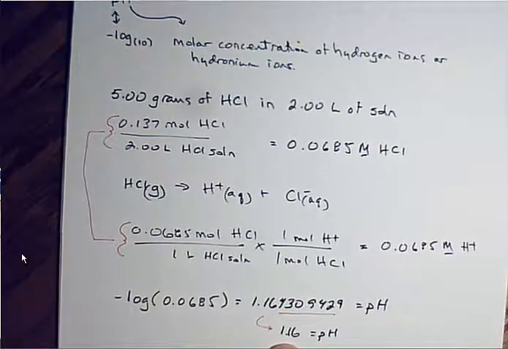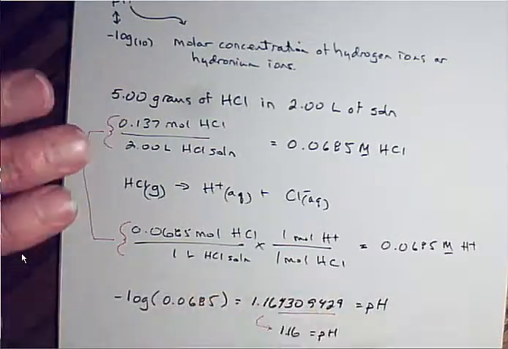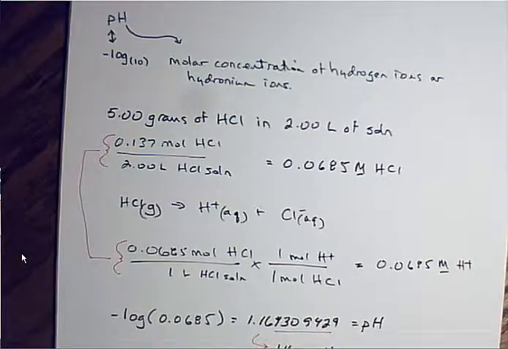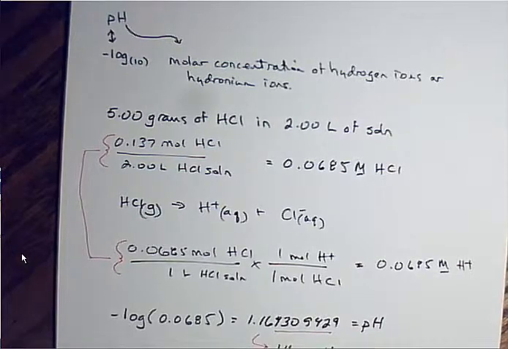Now, this simple sort of calculation only works for strong monoprotic acids. This system only works for strong monoprotic acids. Any other kind of acids where you have weak acids involved, then the calculations become far more complex. It's the kind of thing you learn in AP chemistry or in college chemistry.